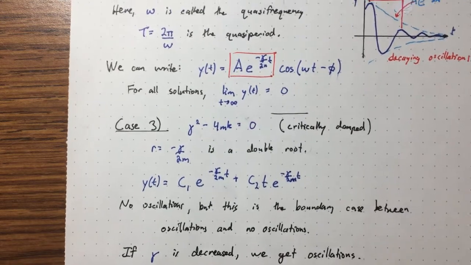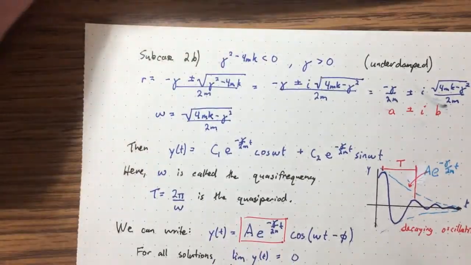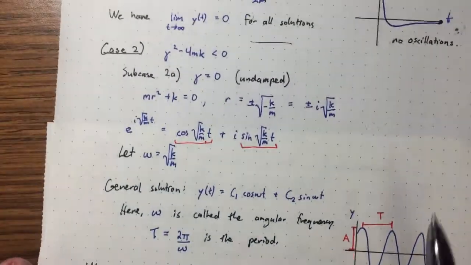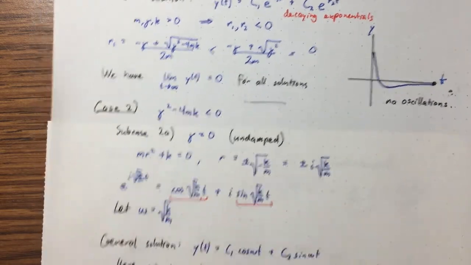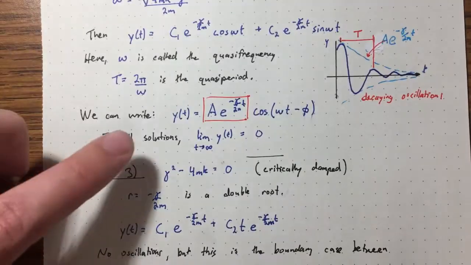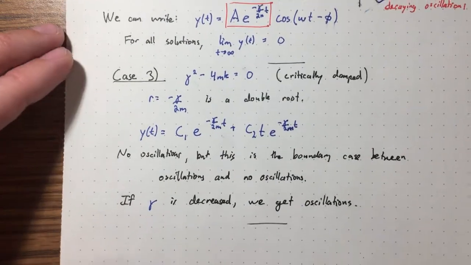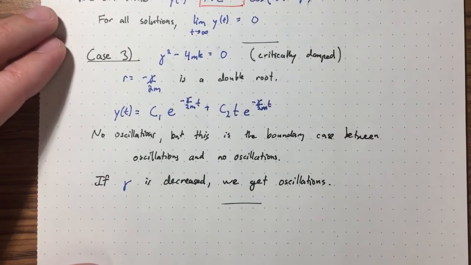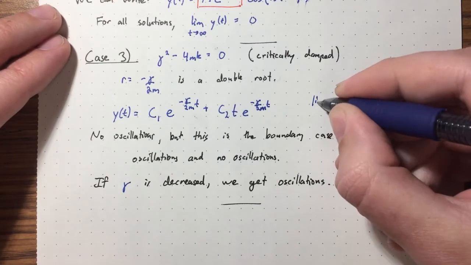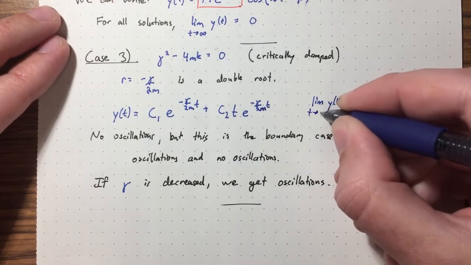It's sort of right on the edge between the underdamped case, this kind of motion, and the overdamped case, which is just this kind of motion. Okay. So those are all the cases for a mass spring. What can we say about the limit of these solutions, by the way, as t goes to infinity?